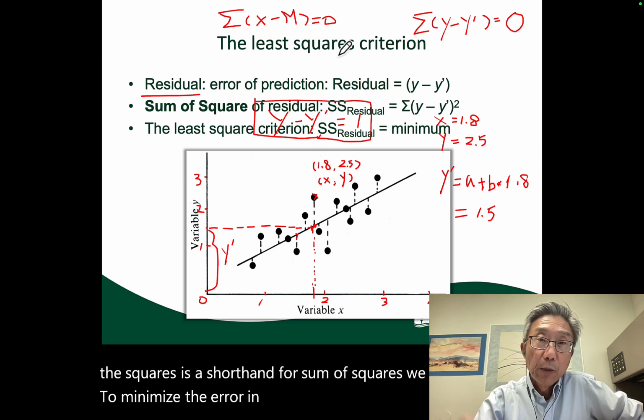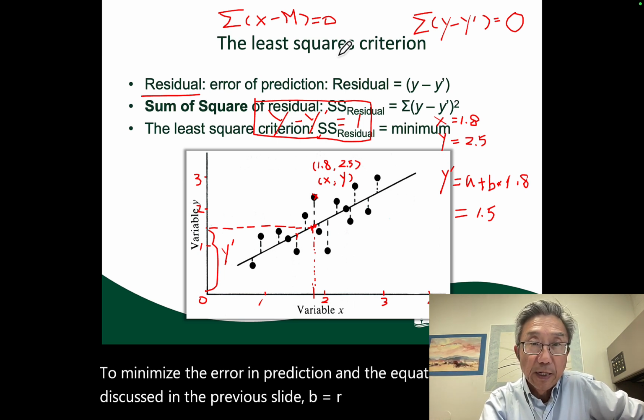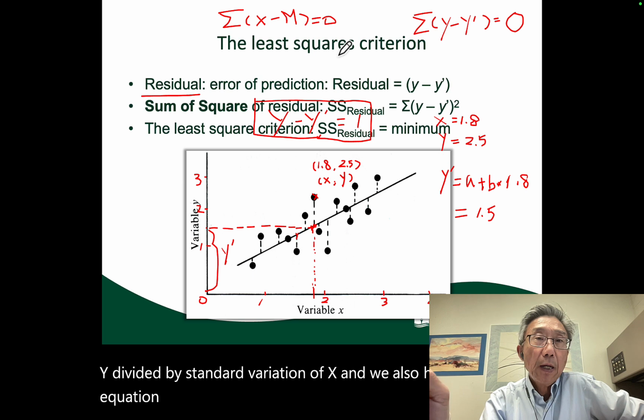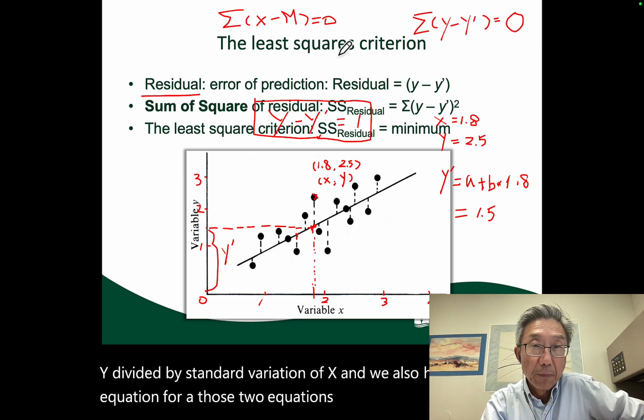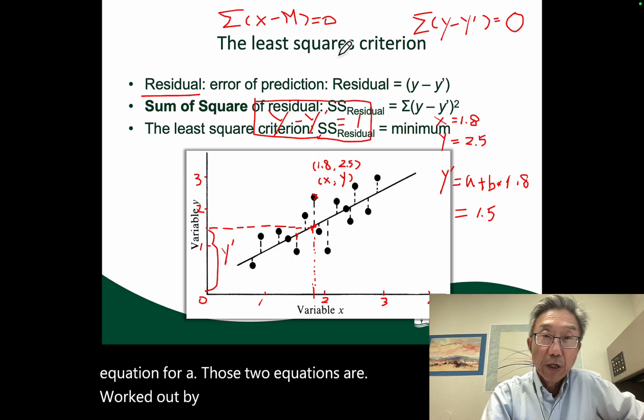The equations we discussed in the previous slide, B equals R times the standard deviation of y divided by the standard deviation of x, and the different equation for A, were worked out by mathematicians over the years.